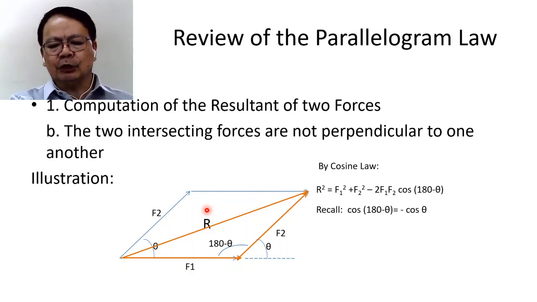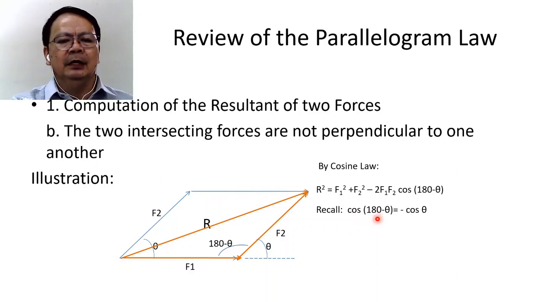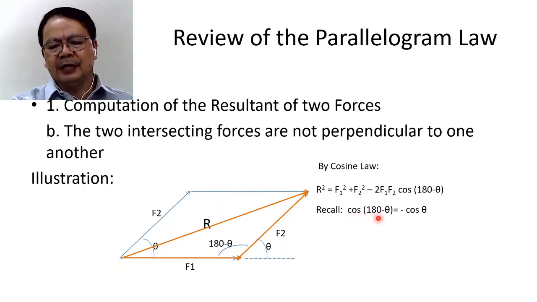Now let us try to recall our definition of the function of the sum or difference of two angles, this cosine. According to our understanding in trigonometry, the cosine of 180 minus theta is also equivalent to negative cosine of theta.